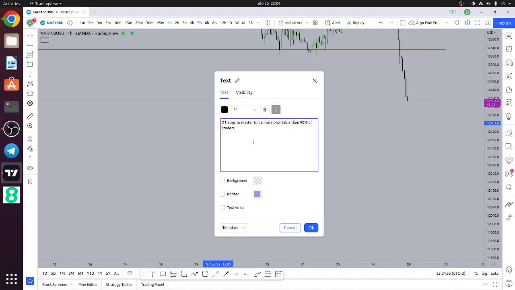This is to be in the top, guys, in the top. Believe me, if you master these two things I'm gonna give you here, you're gonna be in the top. Anyways, let me mention them. The first thing you have to master is market structure, and two, liquidity.